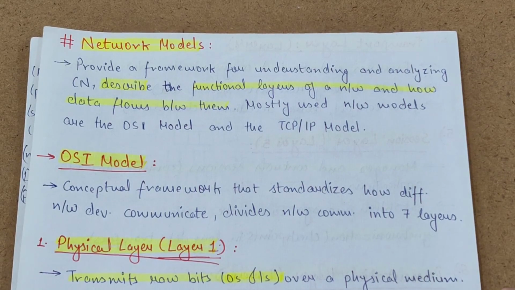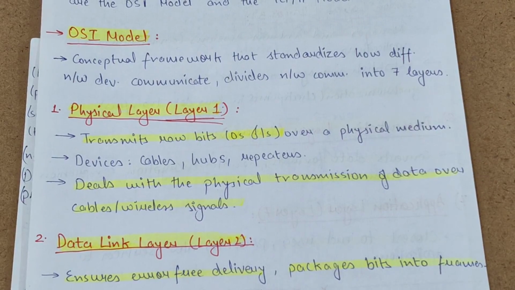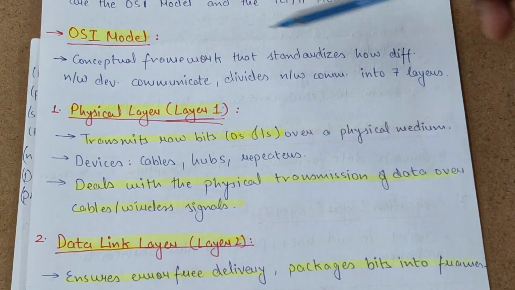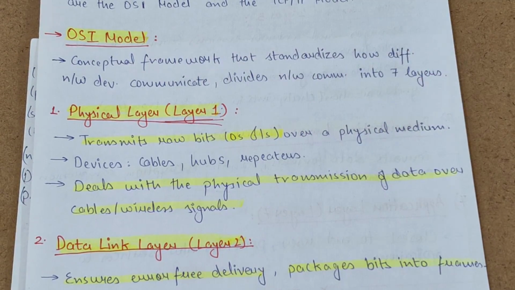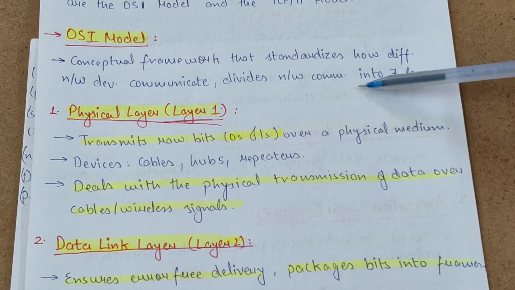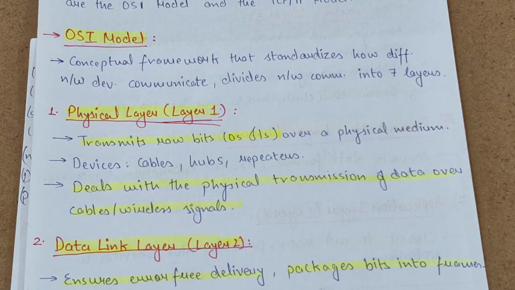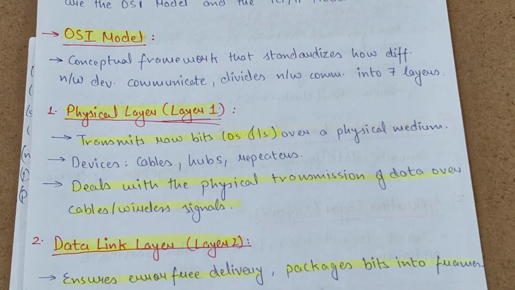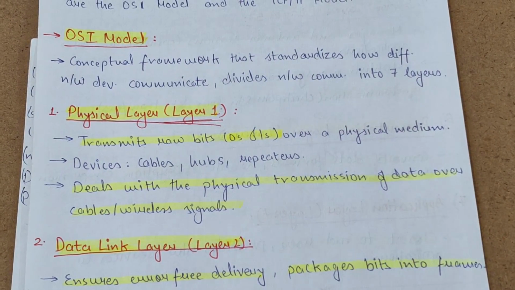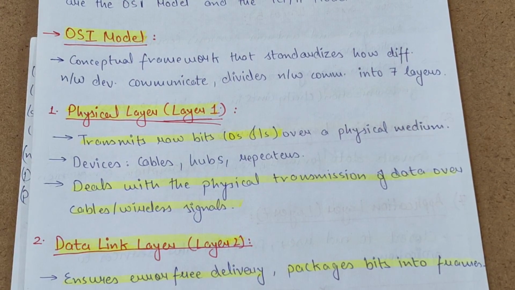Firstly, I'll be teaching you about the OSI model. What is the OSI model? It is a conceptual framework that standardizes how different network devices communicate with each other, and it divides network communication into 7 layers through which the data passes.